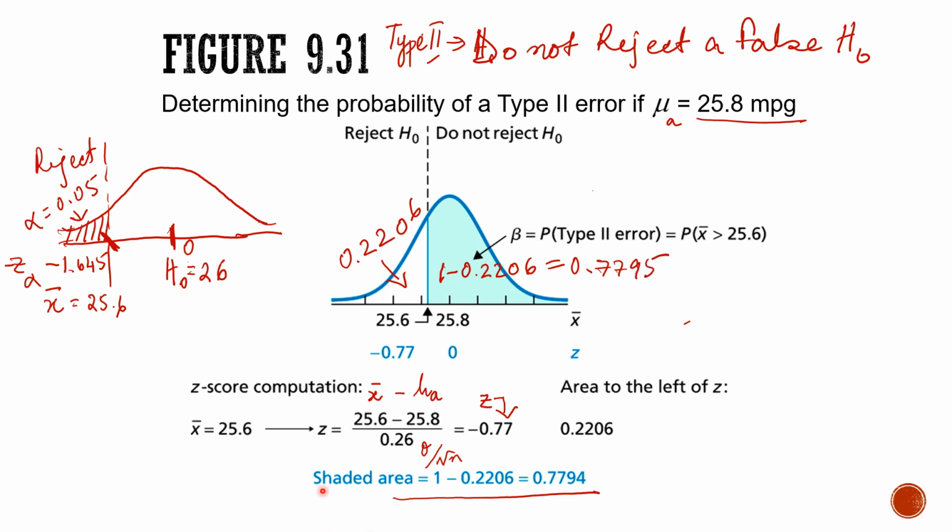All right, and that is the value of beta. Now, if they ask you to find the power, all you do is 1 minus beta, which is 1 minus 0.7795.